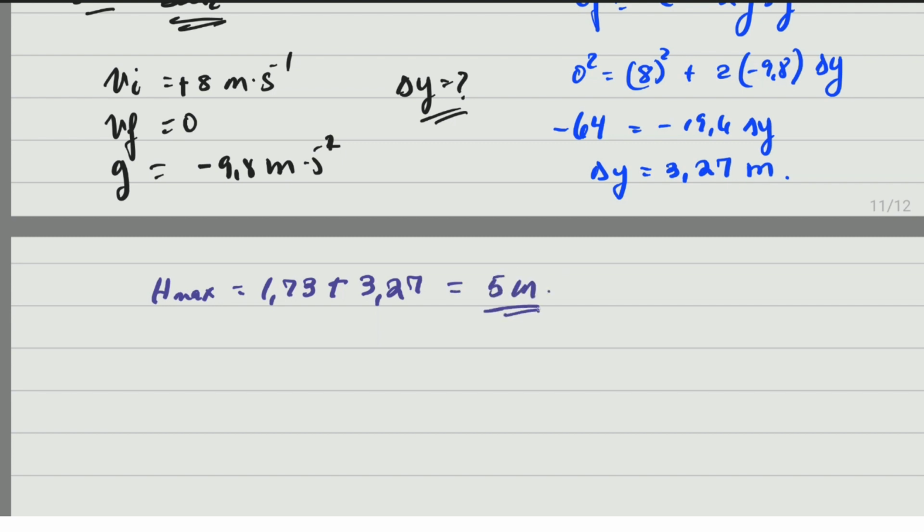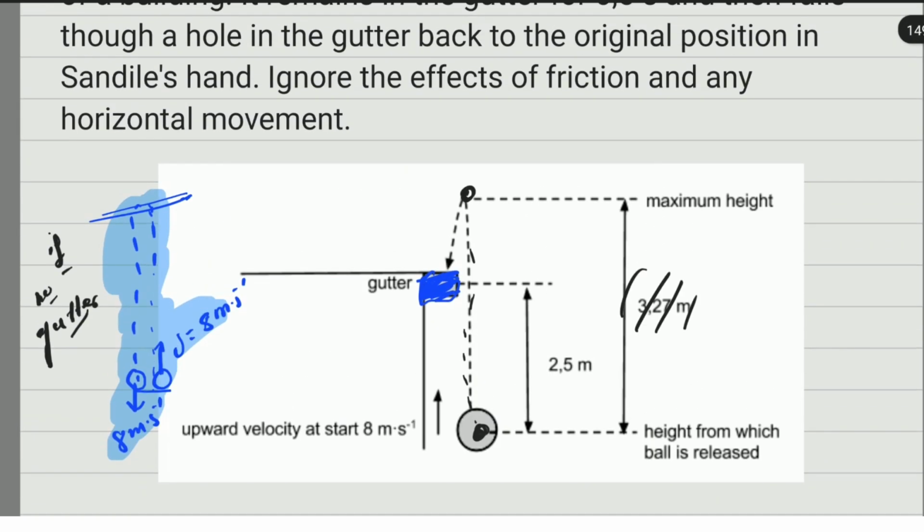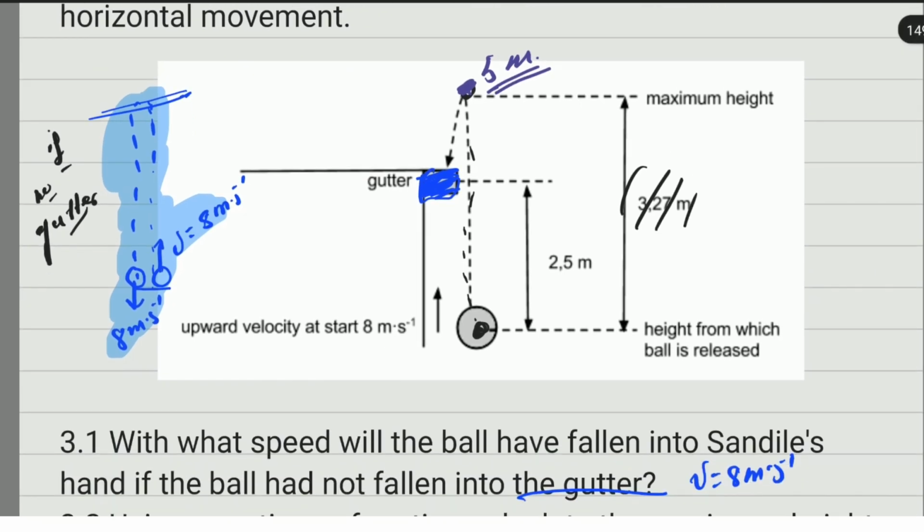So that ball reached 5 meters above the ground. Okay, now 5 meters means from the starting point on the ground to the maximum height. This point is 5 meters above the ground. Okay, so that is the first question, which is quite simple.